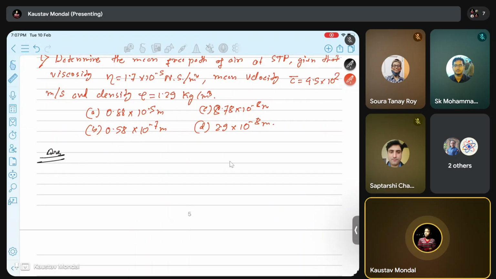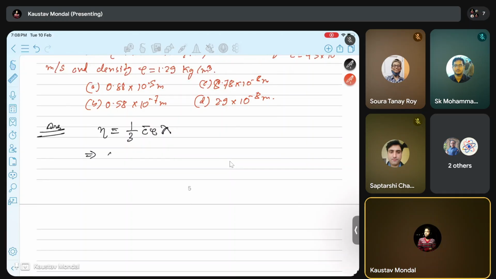We know that the expression of eta is basically 1 by 3 c bar rho lambda. So lambda is given by 3 into eta by c bar rho.